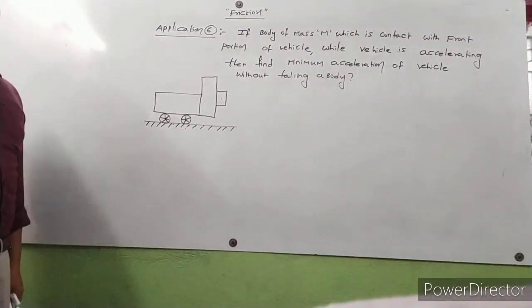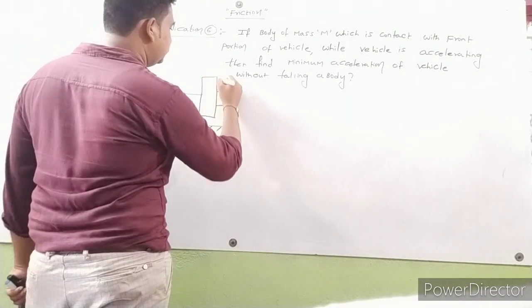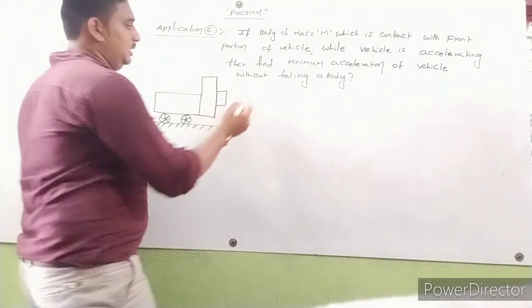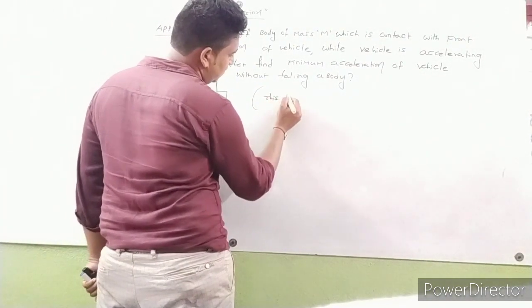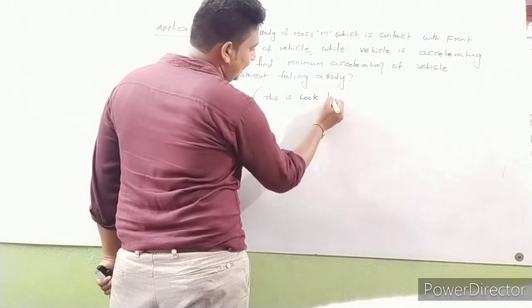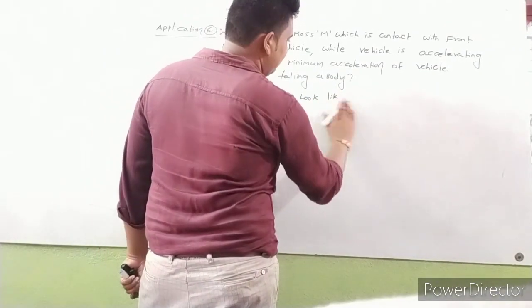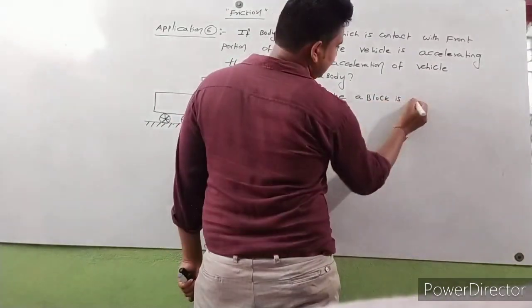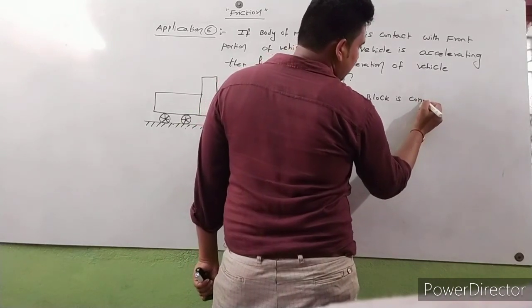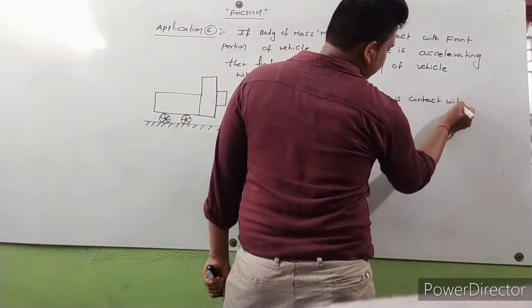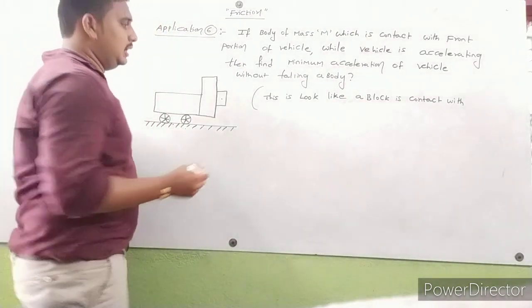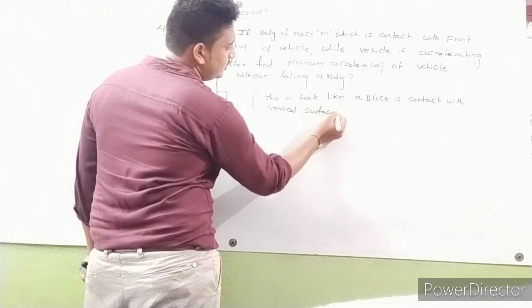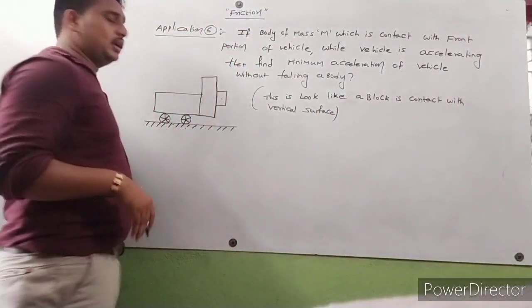Here the block of mass m is connected. So it looks like the block is in contact with a vertical surface.